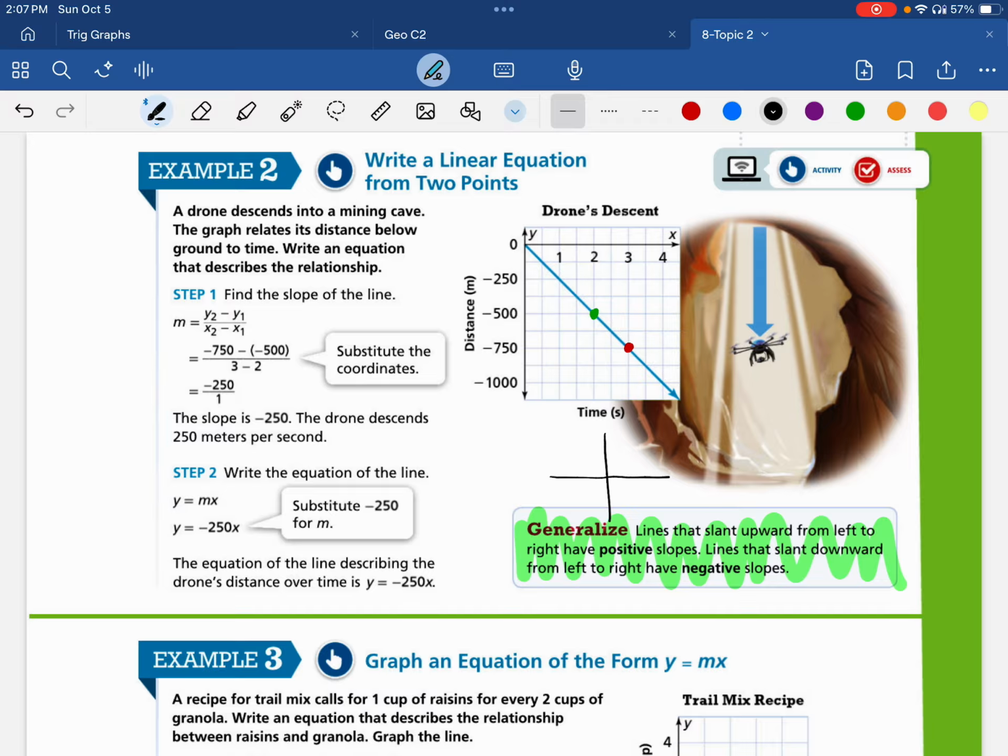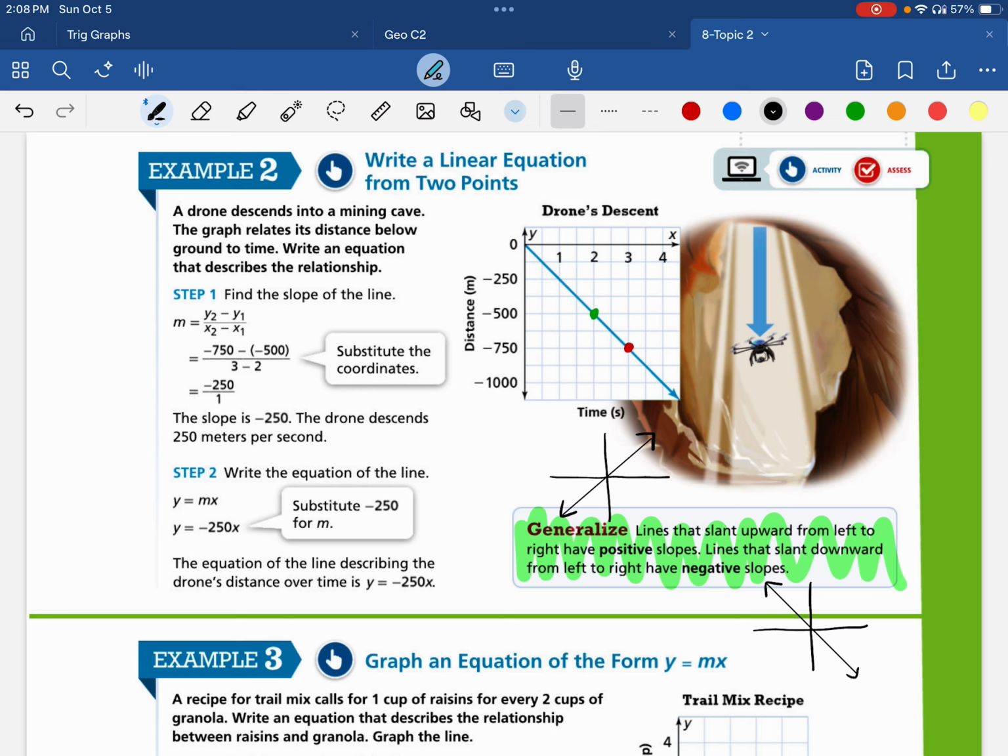So in any graph, if your line goes this way, that has a positive slope. If your graph has a line that slants downward from left to right, like so, it goes through 0, that is going to have a negative slope. So I would make sure you have an example of that somewhere if we don't already.